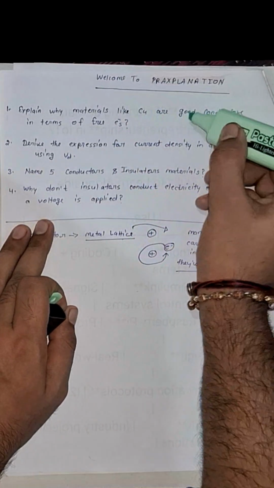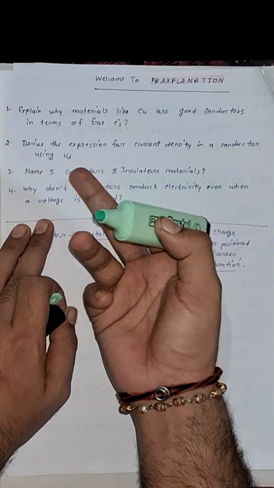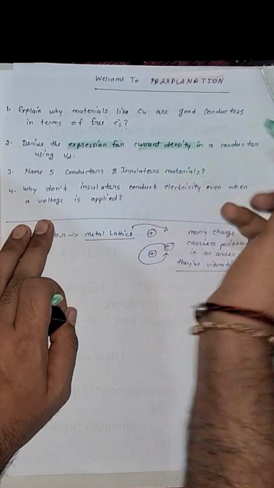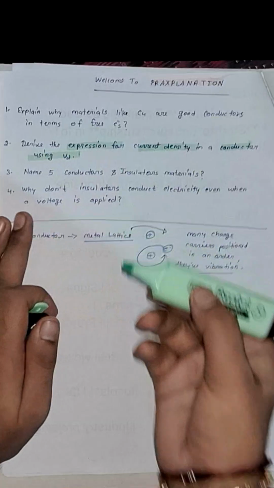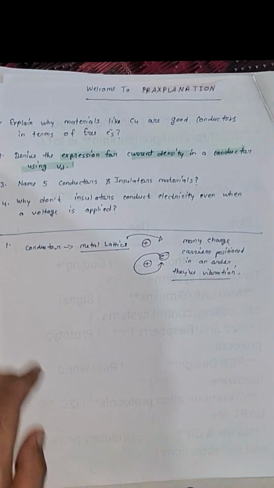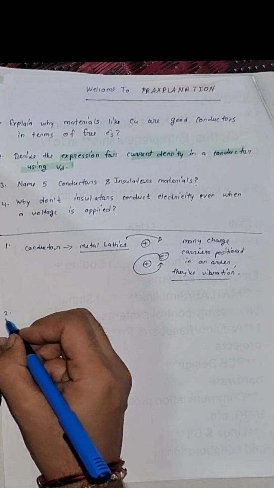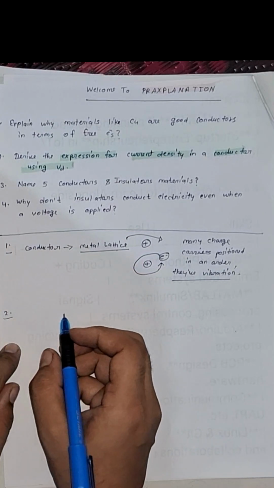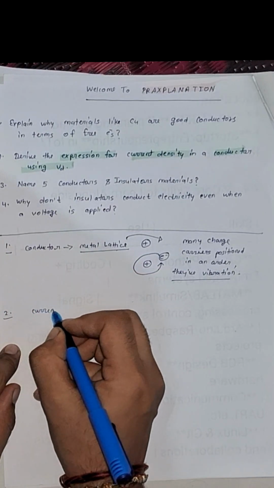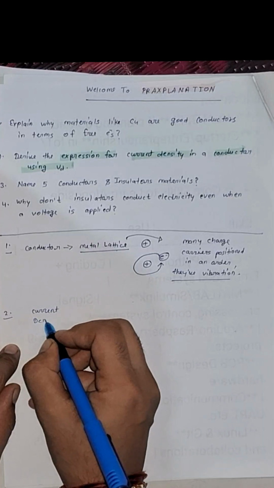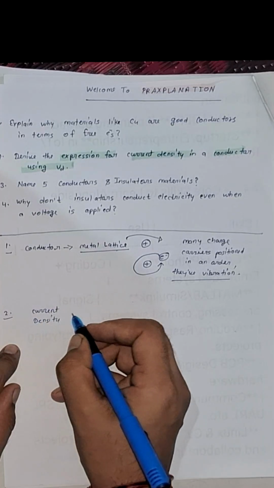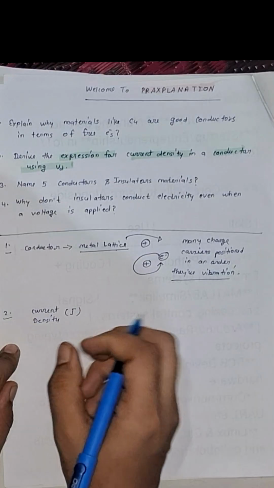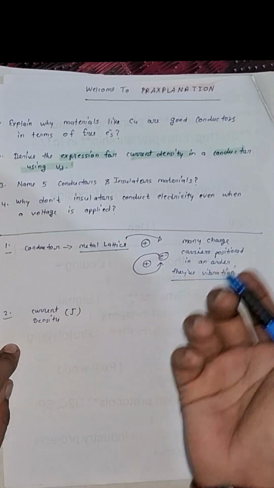Our first question was this. Let's understand the second question: derive the expression for current density in a conductor using drift velocity. Current density, we denote this as J. The current density in a conductor can be derived using Vd.